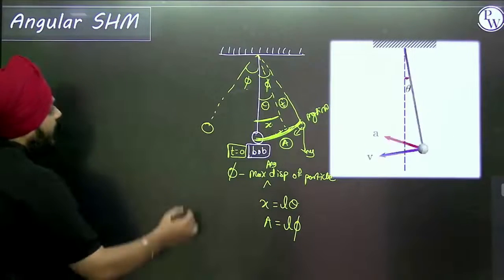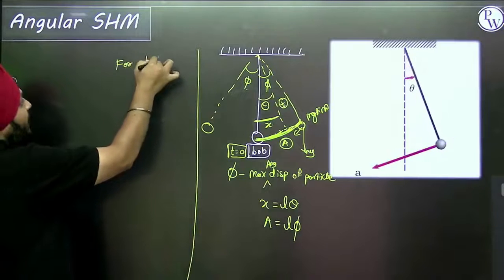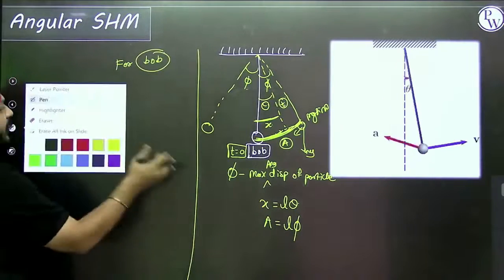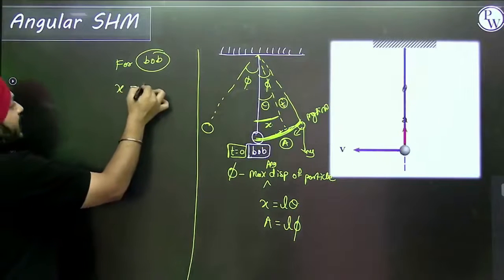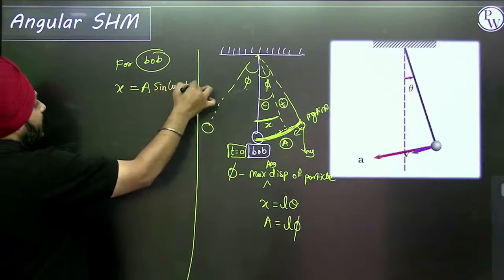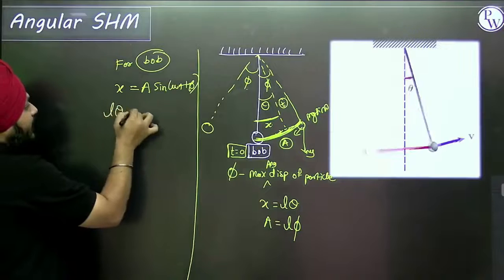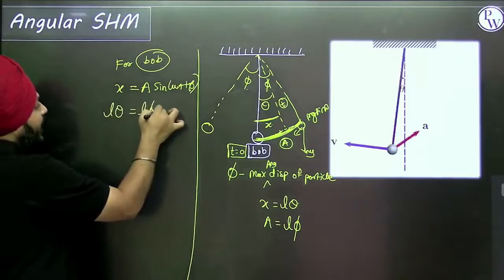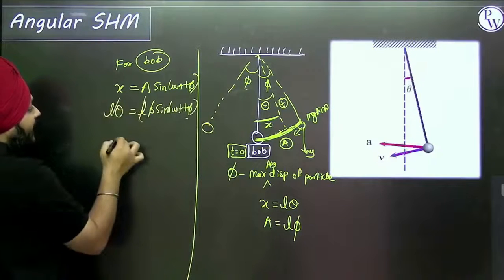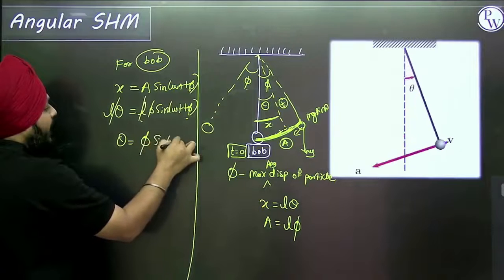If I'm talking about the bob, the equation of SHM is represented as x equal to a sine of omega t plus phi. So can I replace x as L theta, a as L phi, so that it is L phi sine of omega t plus phi. L will get cancelled out, so theta is equal to phi sine of omega t plus phi.